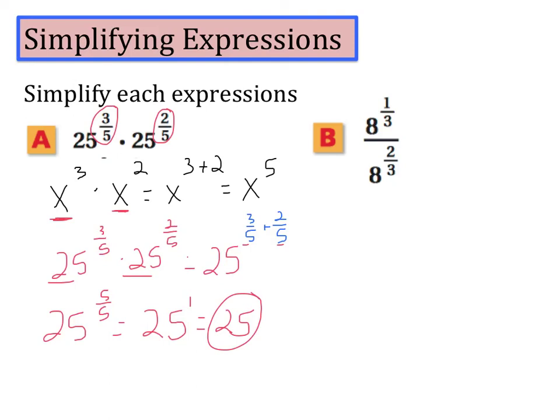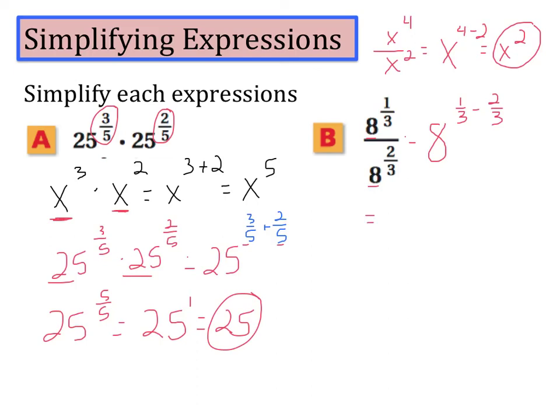So use the same exponent rules you learned in the previous sections. So for letter B, we have 8 raised to the 1/3 divided by 8 raised to the 2/3. Now here, if we have two bases that are the same, raised to two different exponent values, we subtract them. Same idea here. Here our two bases are both 8, so we do 8 raised to the 1/3 minus 2/3.